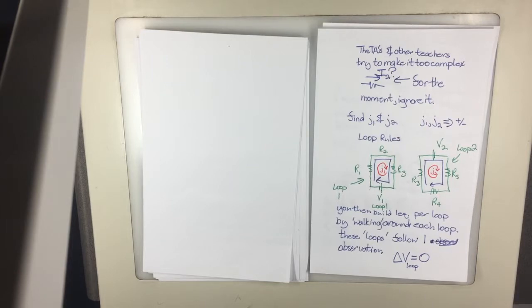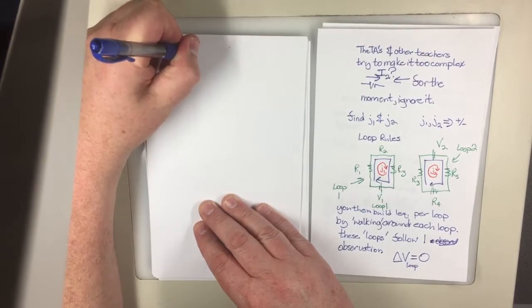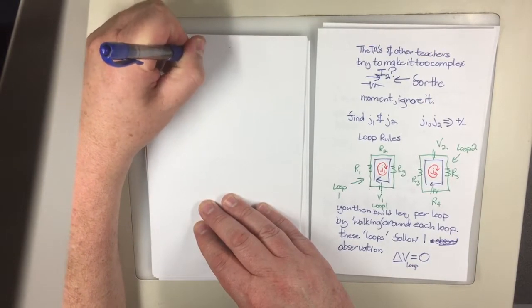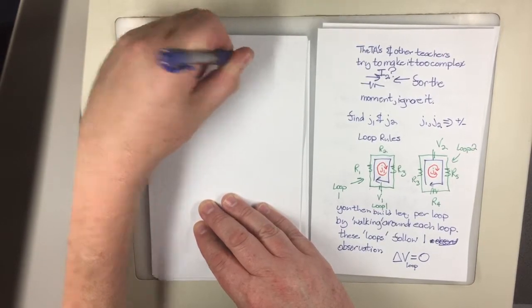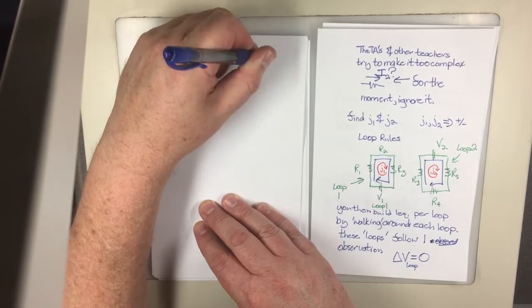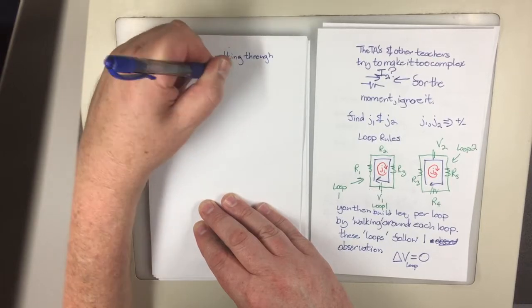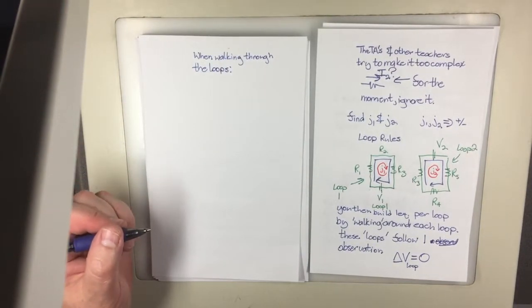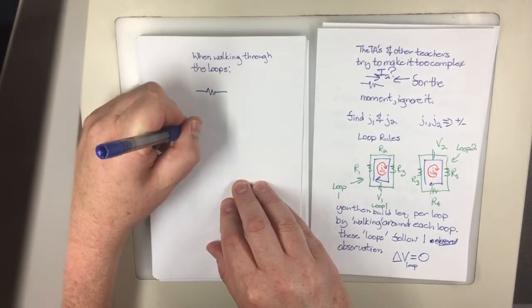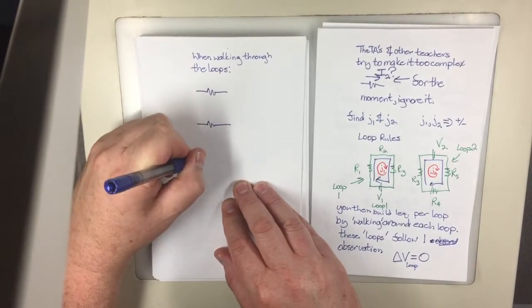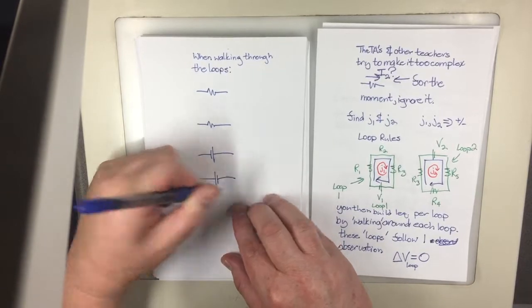When walking through each of the loops, there are 4 different scenarios that can happen.